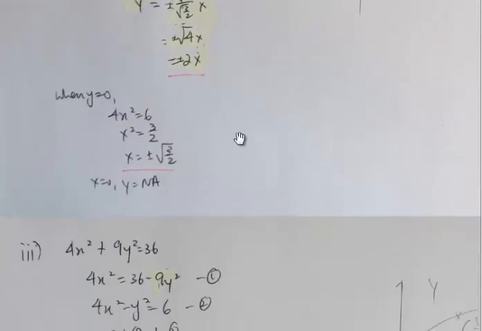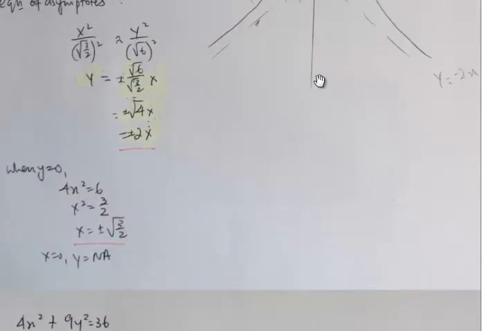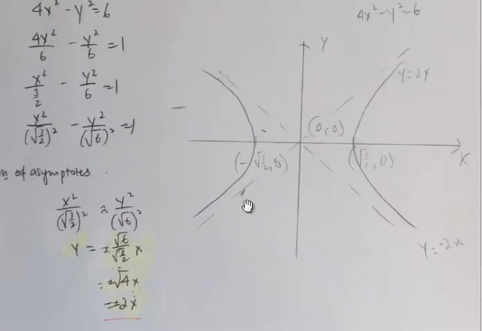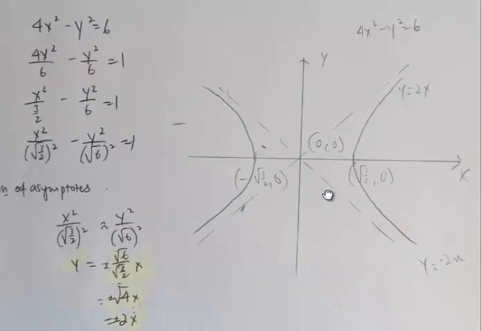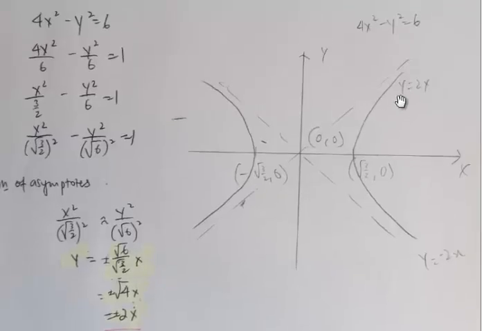So there are no intercepts with the y-axis. So we then just sketch the graph. The center will be 0, 0. The intercepts will be negative square root of 3 over 2, 0, and square root of 3 over 2, 0. The asymptotes will be y equals 2x and y equals negative 2x.